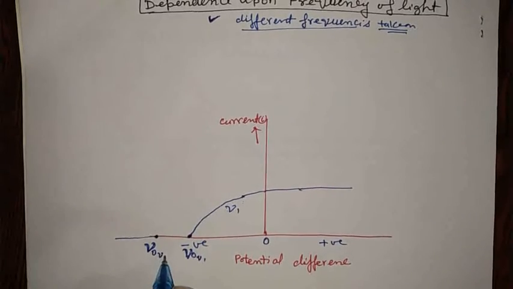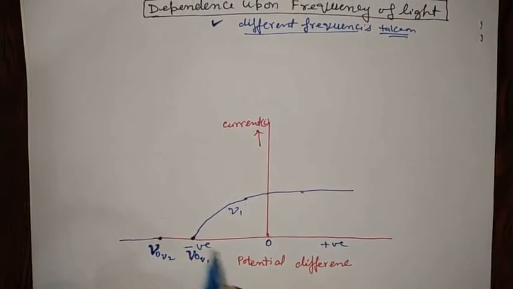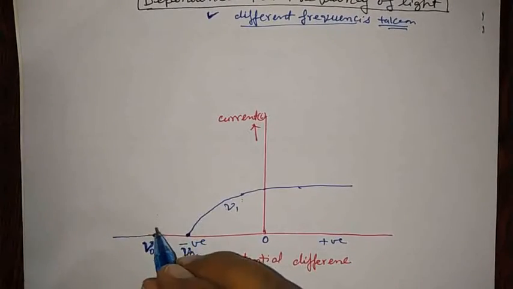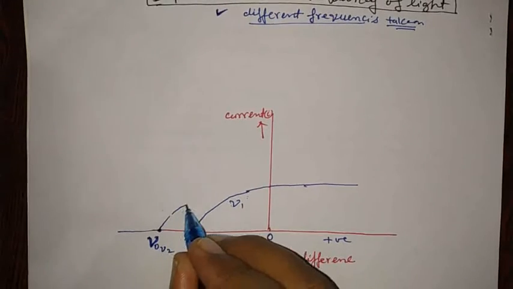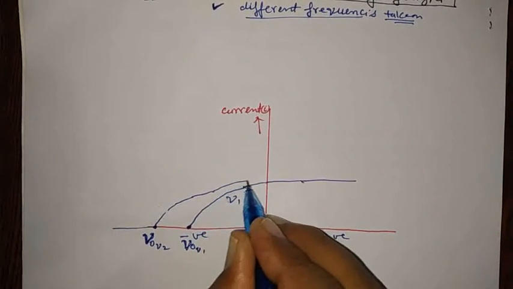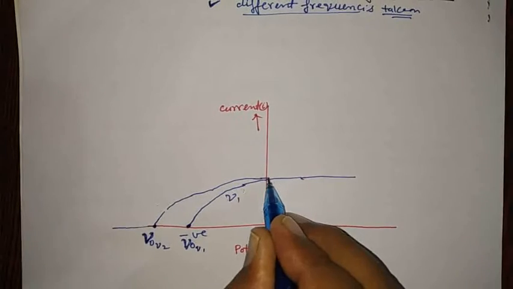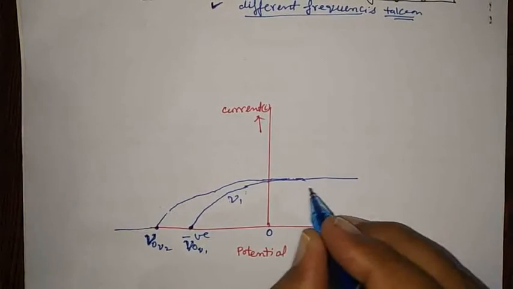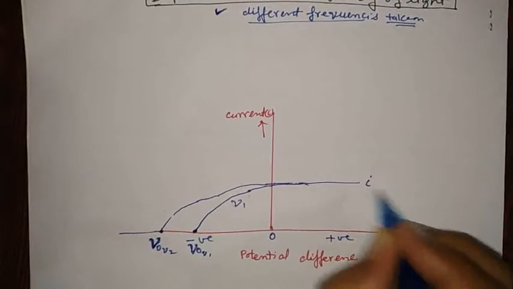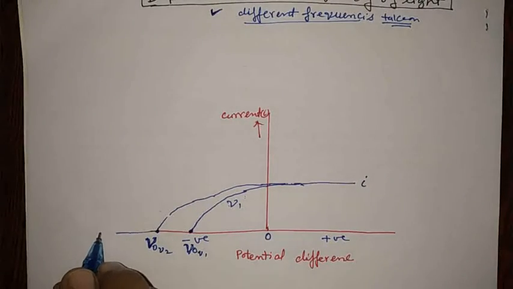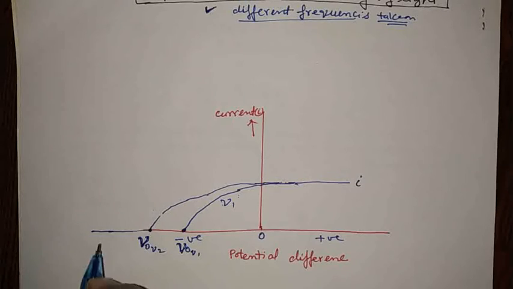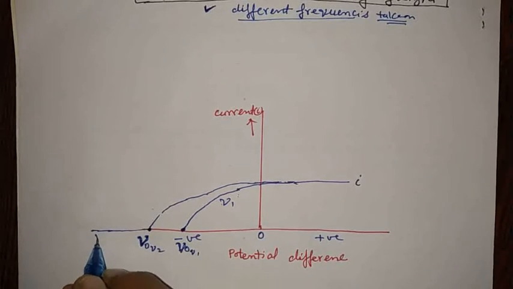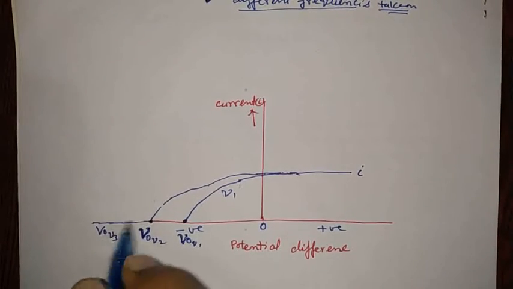This is V0 for nu 2, and the graph is obtained in this way. After that, the photoelectric current I becomes constant, and again this is the stopping potential V0 for the third frequency.